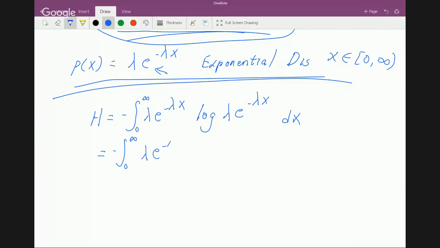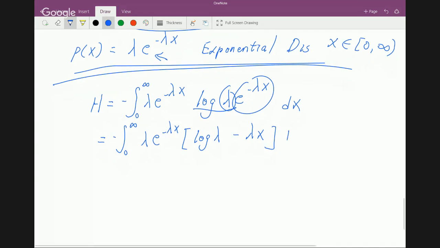Now, we can reorganize this. Lambda e to the minus lambda x, log of lambda plus, actually no, minus lambda x. So this lambda gets distributed into this dx.